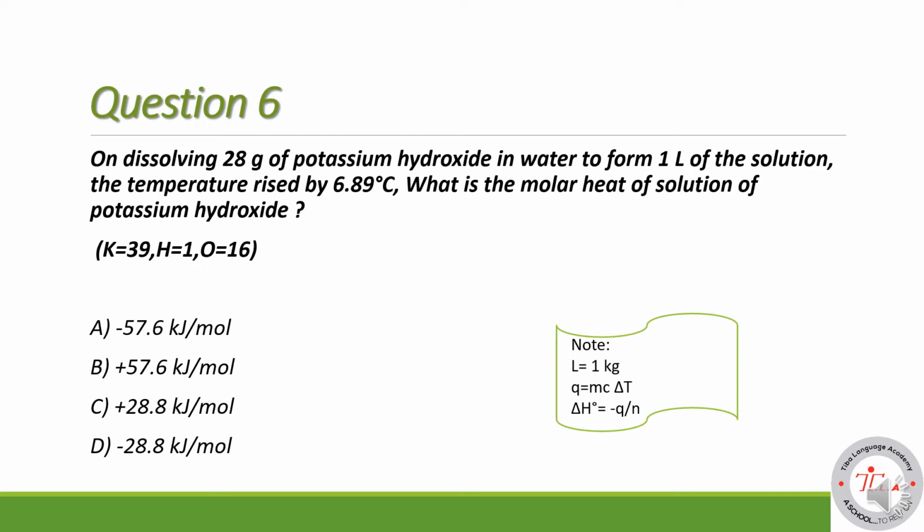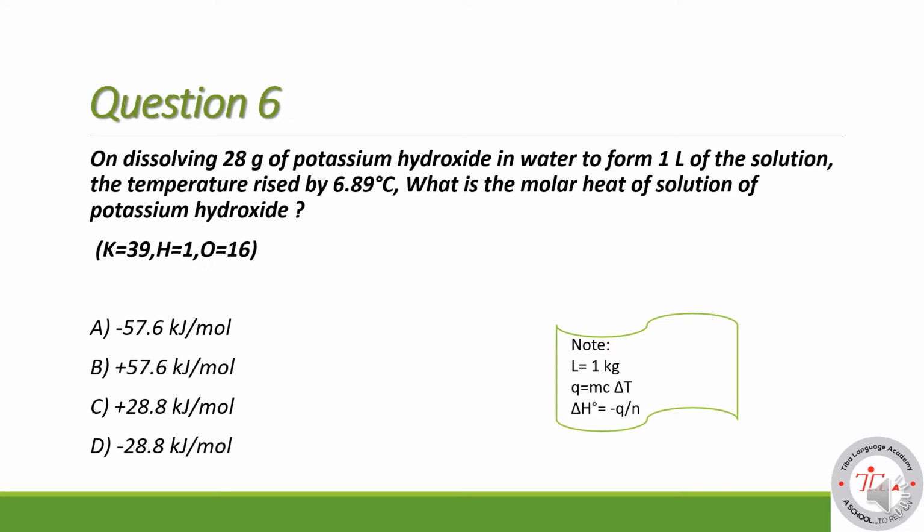Q equals mc delta T. M is 1 kilogram. C is 4.18, the specific heat of water, because the solution is a diluted solution, which means that the solution can be treated as H2O, as water. And delta T is 6.89.